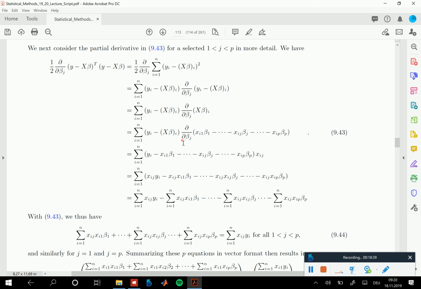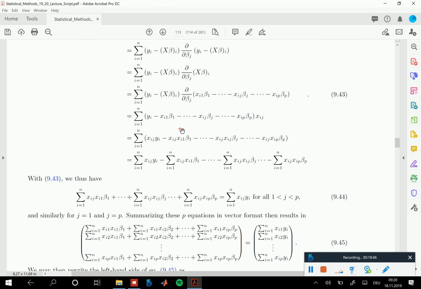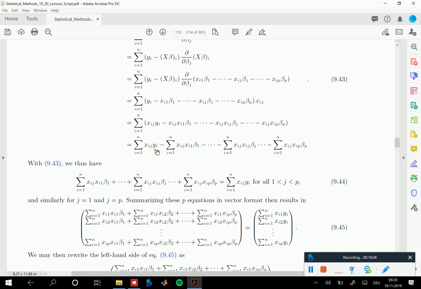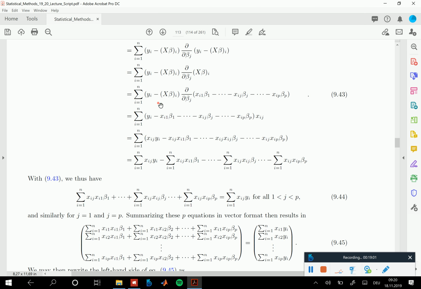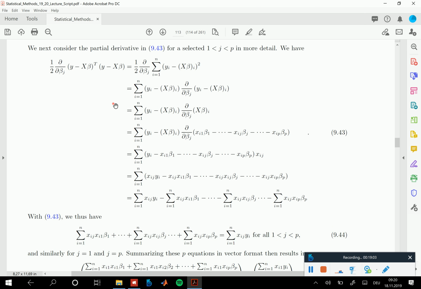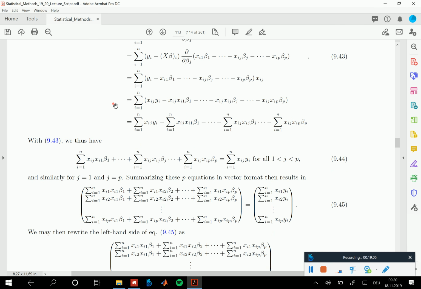X beta. Where do I get this minus sign from? I'm not quite sure. But essentially, I write out more and more these individual sums. It's all about indexing and writing out what is actually behind this, and then you end up with these expressions.